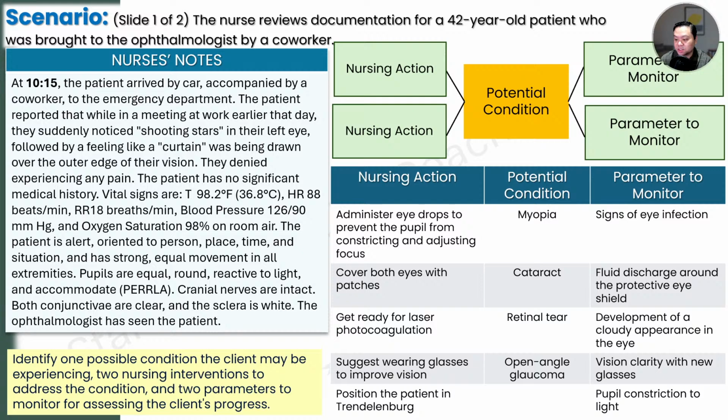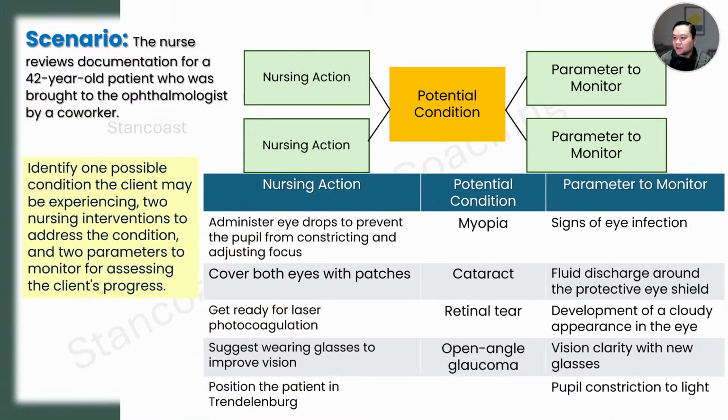And you also need to select 2 parameters to monitor for assessing the client's progress. All right, so have another glance into the nurse's notes, and then we'll tackle this bow tie question.